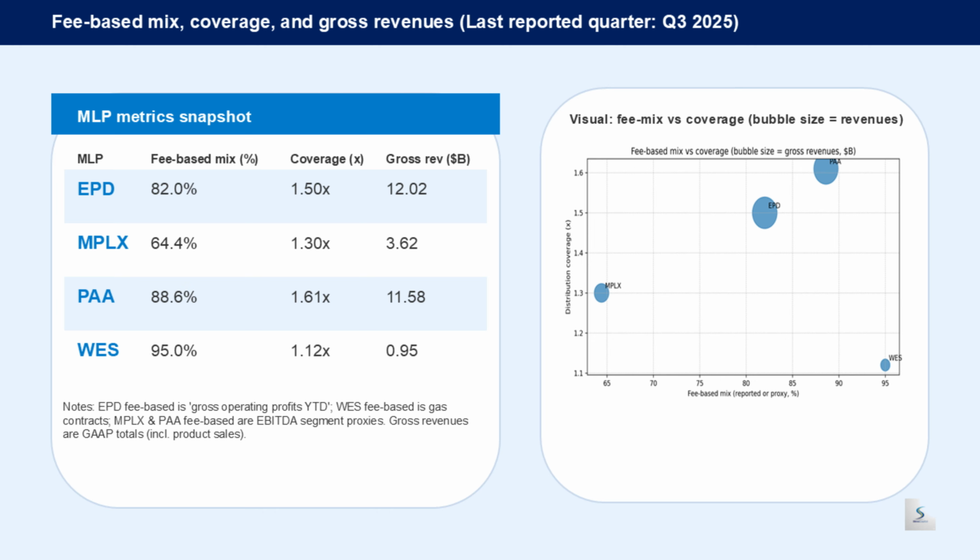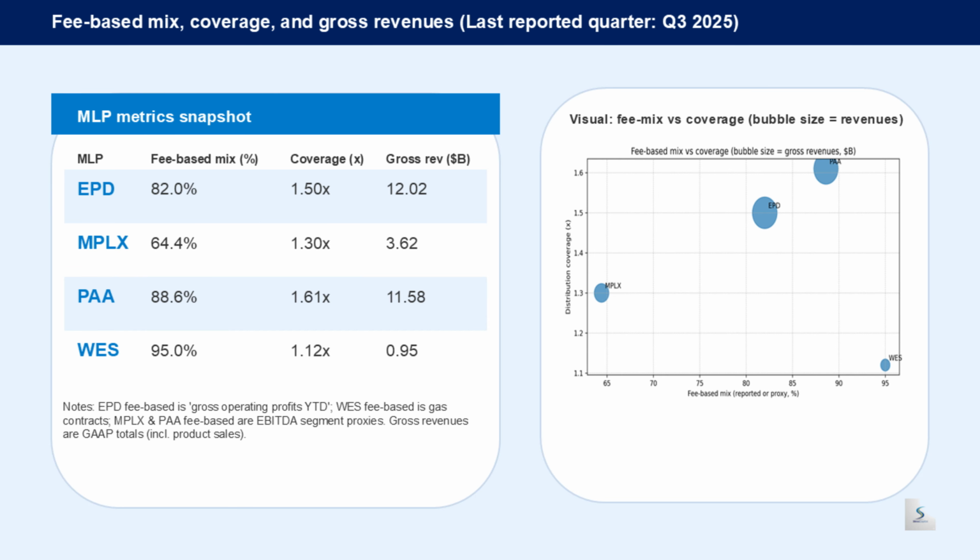It's about understanding stability versus sensitivity. A higher fee-based mix is more landing-fee-like. Higher coverage generally means more cushion, and gross revenues give you scale. But remember, midstream revenues can include large pass-through commodity sales, so it's not the same as margin.